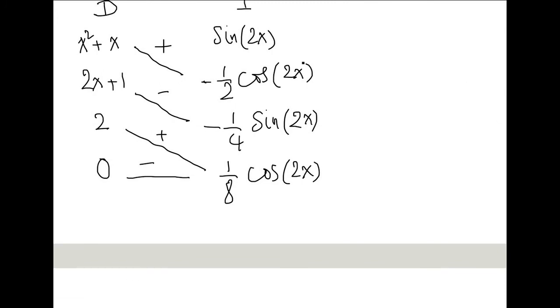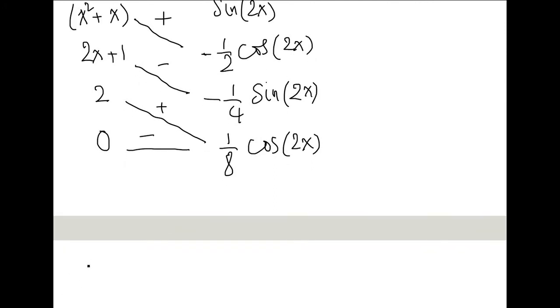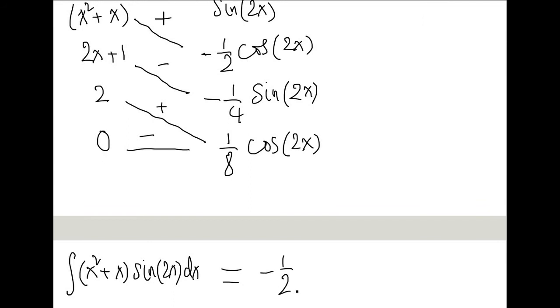we have the whole thing, x squared plus x times minus a half cosine 2x. Let me write down here. So the integral of x squared plus x sine 2x dx will be minus a half. Let me write the constant first.